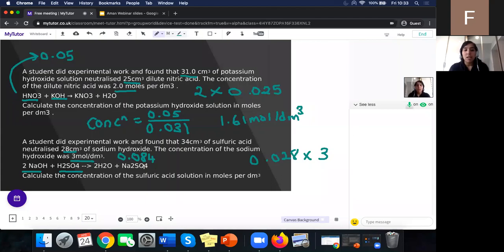And then to calculate the concentration of the sulfuric acid, remember that is moles, which is 0.042, divided by the volume. Again, the volume is 34, but it's in centimetres cubed, so we divide by 1,000, which is 0.034. So 0.042 divided by 0.034 gives us an answer of 1.24. So it's 1.24, so 3 significant figures, moles per decimetre cubed.